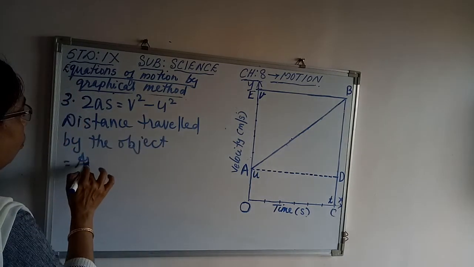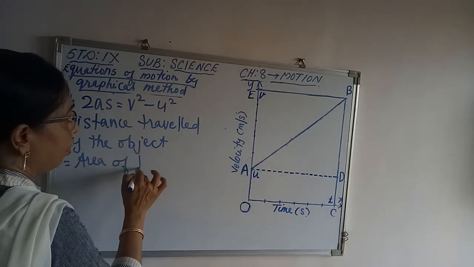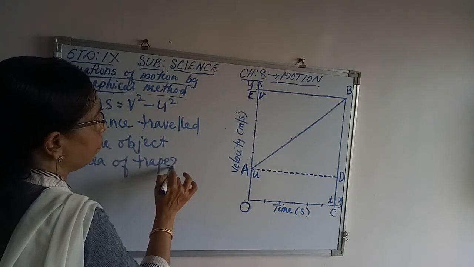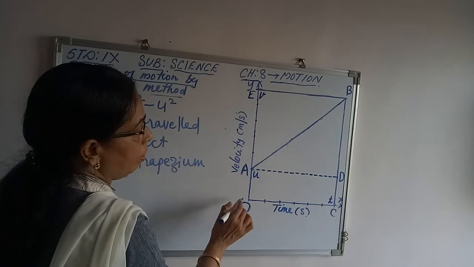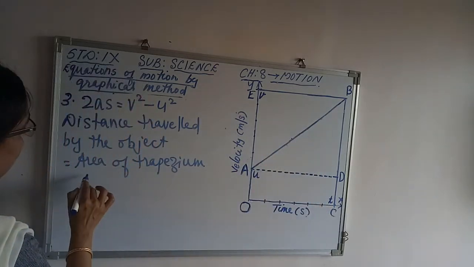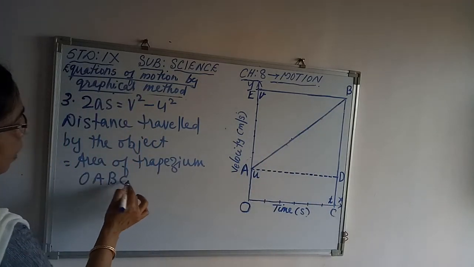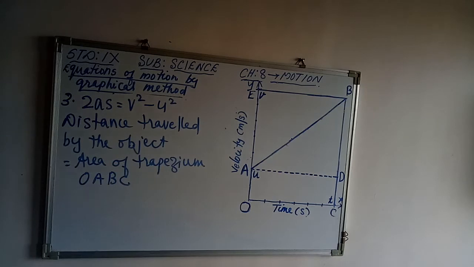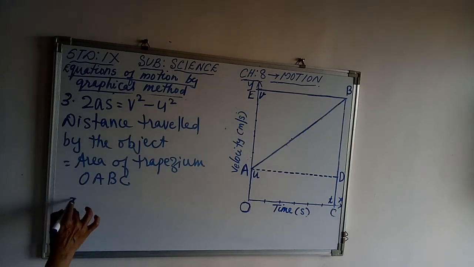Distance traveled by the object is equal to area of trapezium OABC. How to find the area of the trapezium?